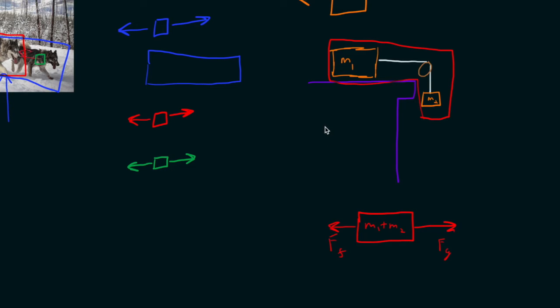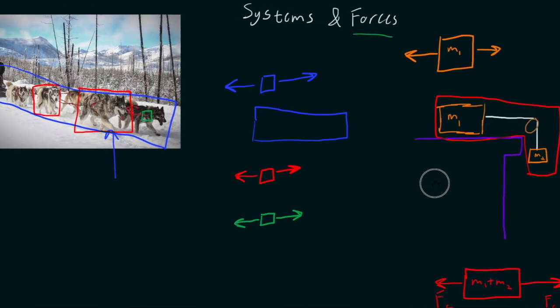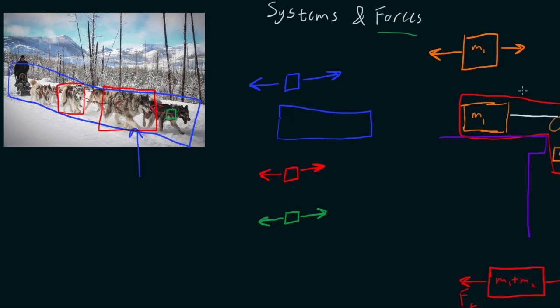If we come back to this dog sled example, we're going to learn about Newton's third law in just a minute here. But if we look at this example, when these huskies apply a force to that harness, the harness is applying the same force backwards.